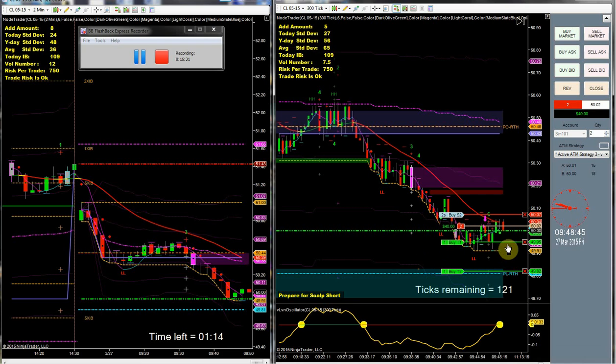We'll see what the market does right here, if it pushes through it or if it decides to bounce. Might go ahead and let it take me out right here, and that way I'll move my stop to break even if it does.